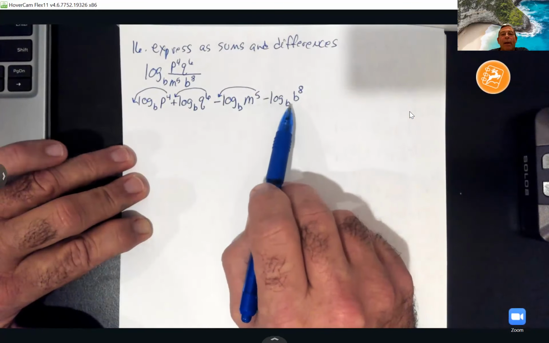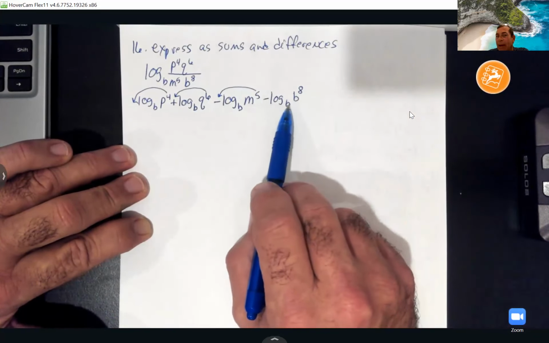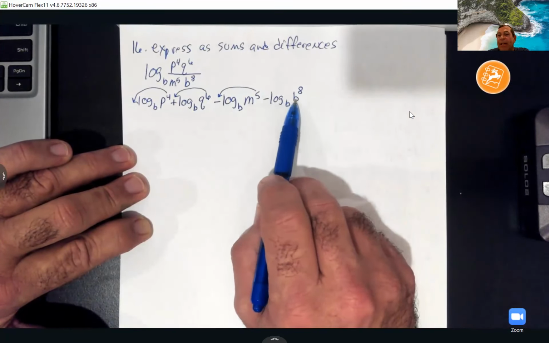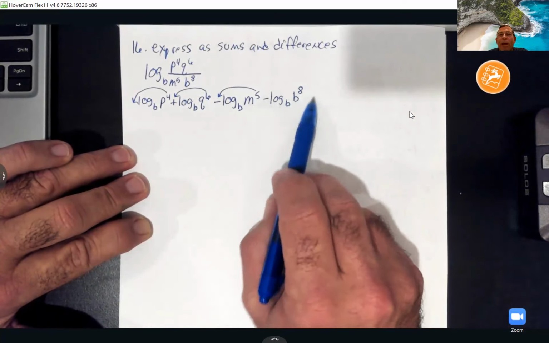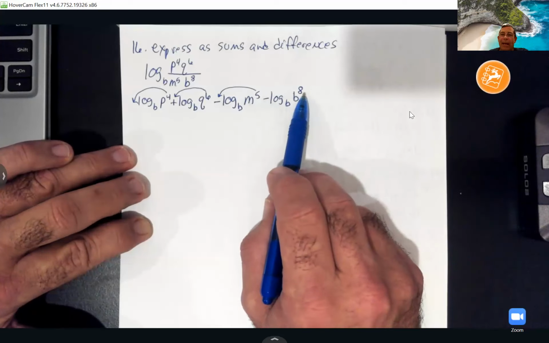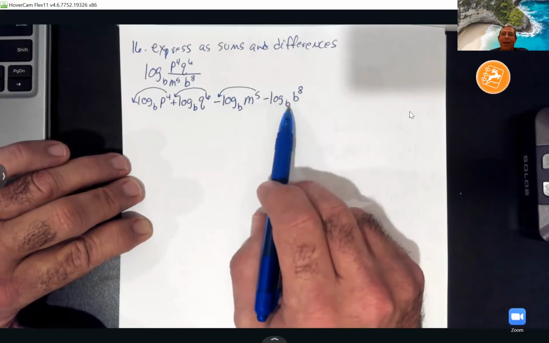Log base B of B to the 8th. That log base matches the base raised to an exponent. So this whole expression is just going to equal that 8. Because remember, this one matches.